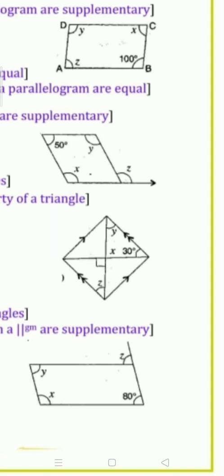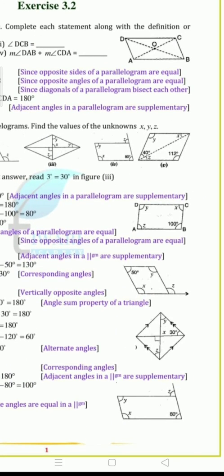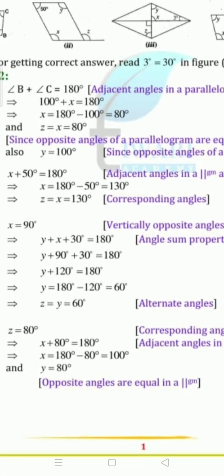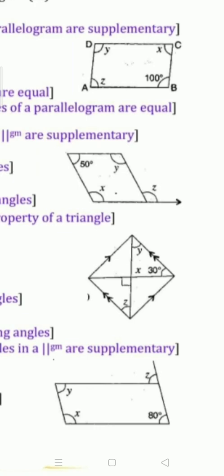So if one is 90, one is 30, what will y be? 180 minus (90 plus 30). 90 plus 30 is 120. So y will be 180 minus 120, that is 60. So you got the value of y as 60, x as 90.